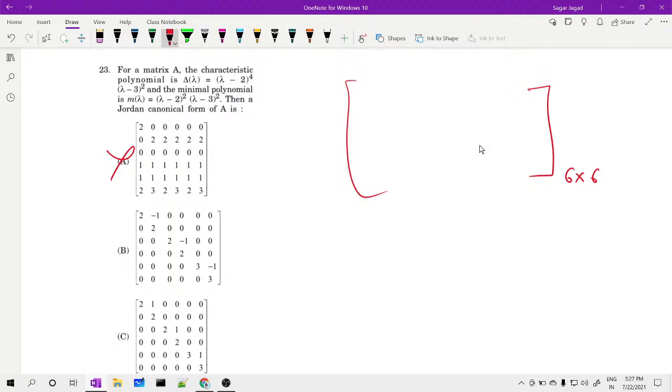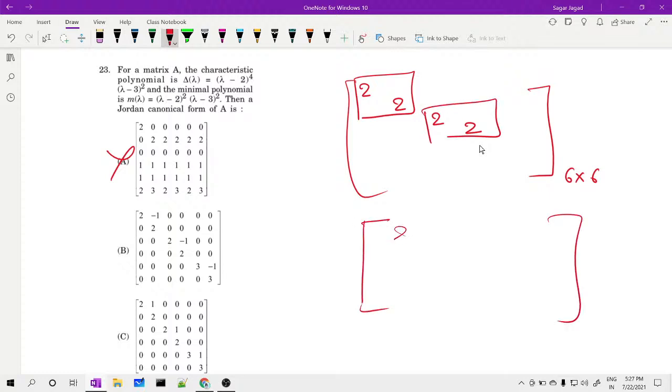Now, from the characteristic polynomial, I know there are 4 twos: 1, 2, 3, 4. The maximum size of a block is 2. So one way is to have 2 blocks, and the other way is to have it this way. Block means the upper diagonal entry should be 1.